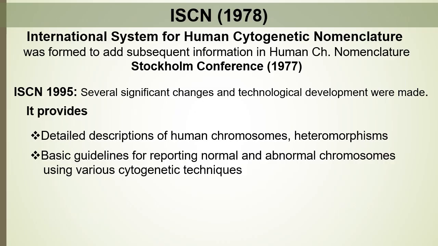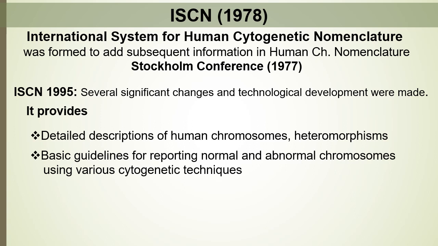The International System for Human Cytogenetic Nomenclature, ISCN, was formed to add subsequent information in human chromosome nomenclature as per the resolution taken in the Stockholm Conference in 1977. All subsequent documents pertaining to nomenclature are referred to as ISCN, followed by the year in which the document is published.